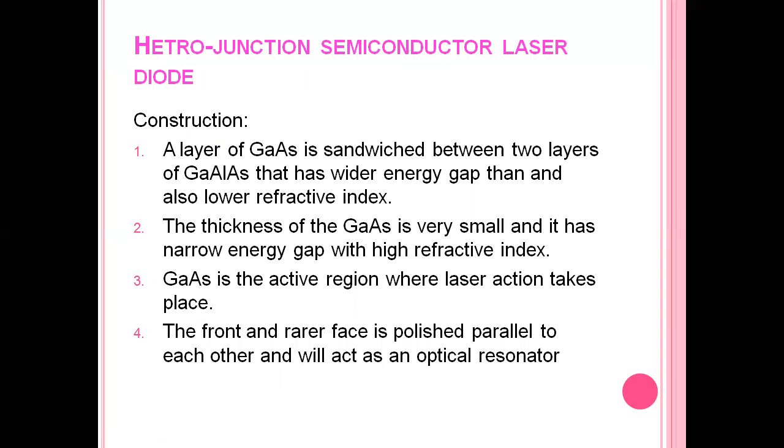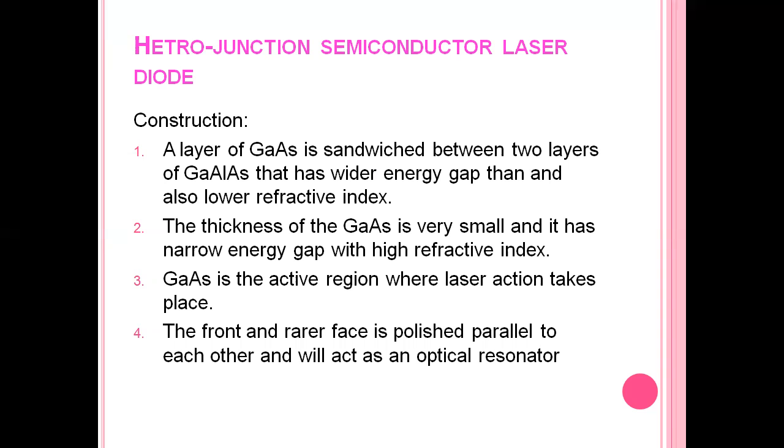But the thickness of this gallium arsenide, which is sandwiched between gallium aluminum arsenide, should be very small and of high refractive index. This gallium arsenide will work like an active region where laser action takes place. Again, the front and rear faces are polished parallel to each other and will act like an optical resonator.